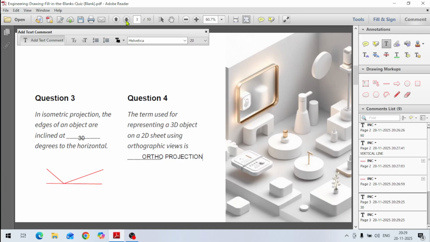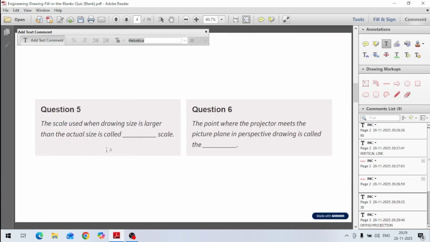Then the next question is: the scale used when the drawing size is larger than the actual size is called. If the drawing size is larger than the actual size, that will be an enlarging scale. If it is reverse, then it would be a reducing scale.